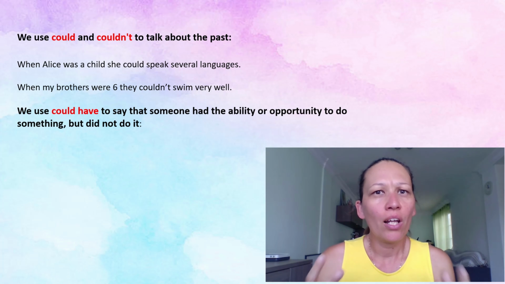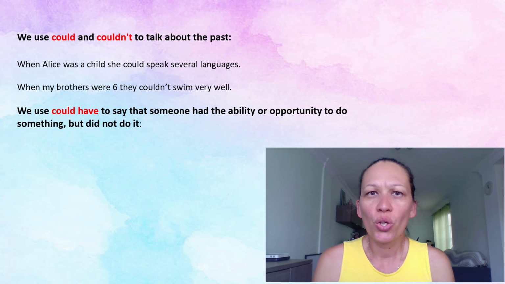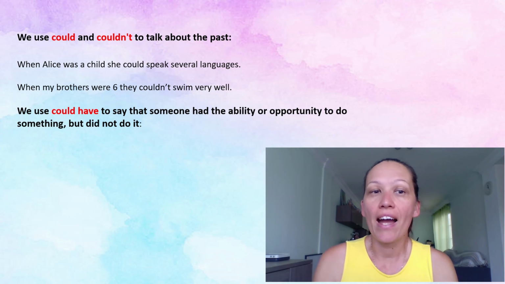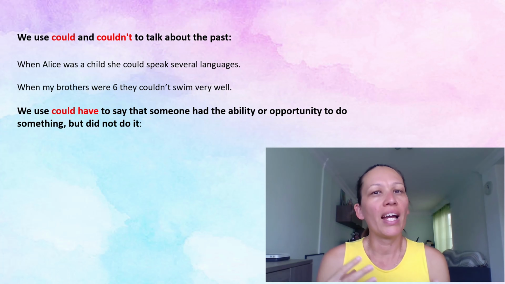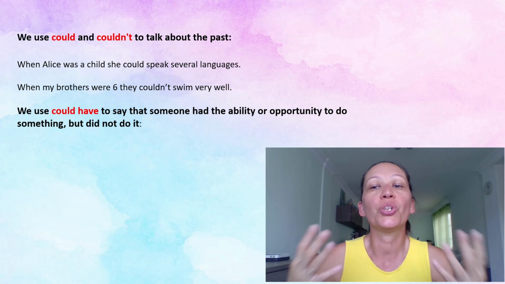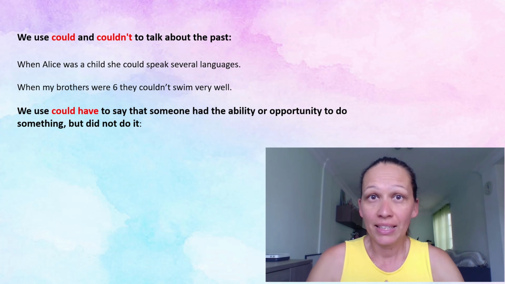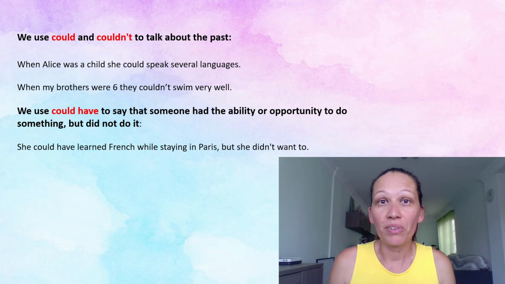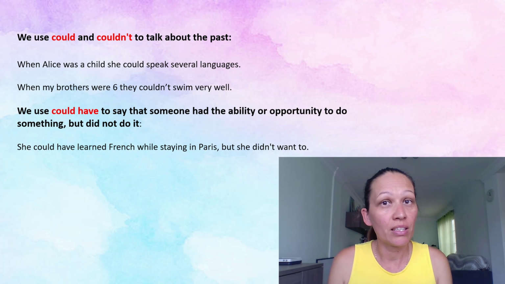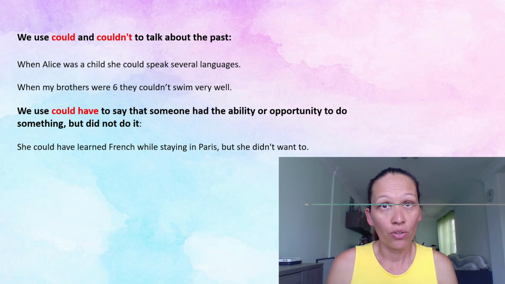Also, you will see a phrase like could have done a lot. So we use could have to say that someone had the ability or opportunity to do something but didn't do it. For example, she could have learned French while staying in Paris, but she didn't want to.